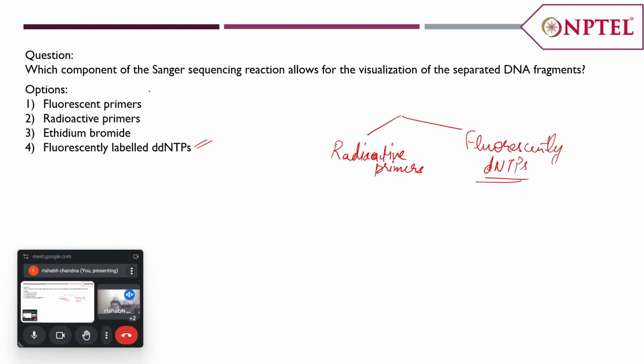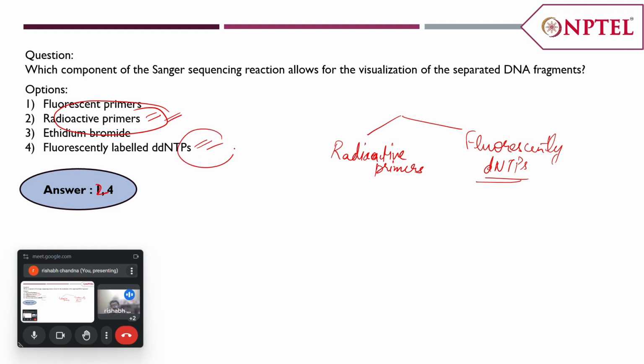So according to me, both are correct answers, second and fourth. The second, because in the initial days radioactive primers were used and autoradiography was done, and now we have the fluorescently labeled ddNTPs. So both the options are correct. Any doubts?